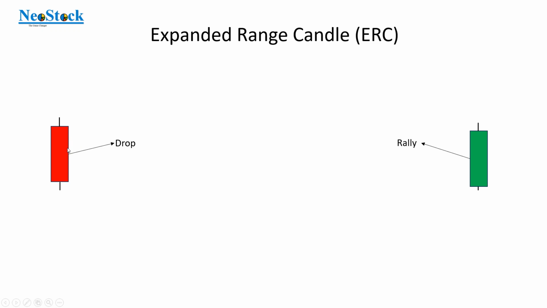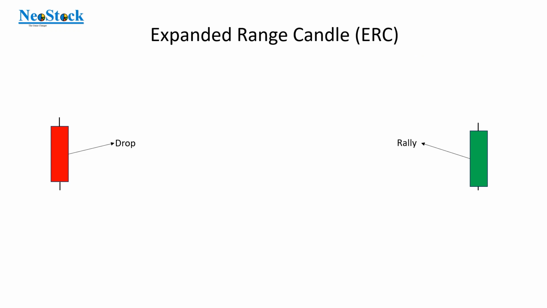So bearish candles are called drop candles and bullish candles are called rally candles as per demand and supply zone price action theory. But remember, this drop and rally are applied only for expanded range candles. You cannot use these words for narrow range candles.